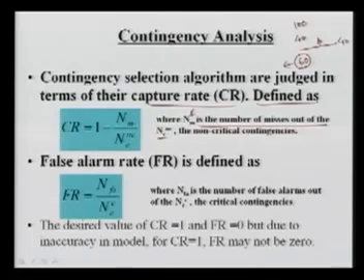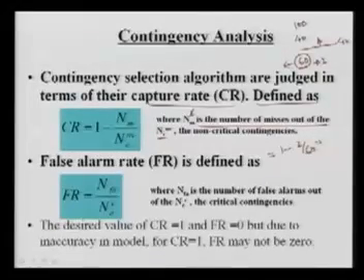Suppose 2 contingencies are actually critical, but using your PI ranking it is saying they are not critical. So NM is 2, and here is 60, so we can say 1 - 2/60, and basically you can calculate your capture rate.